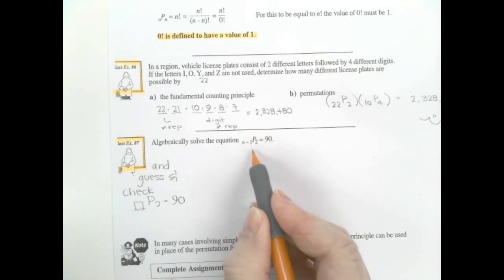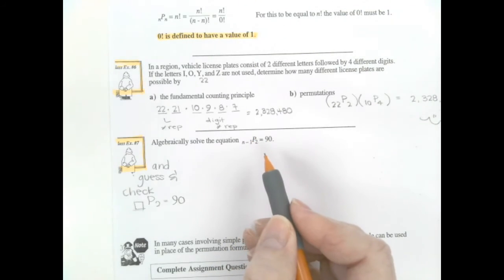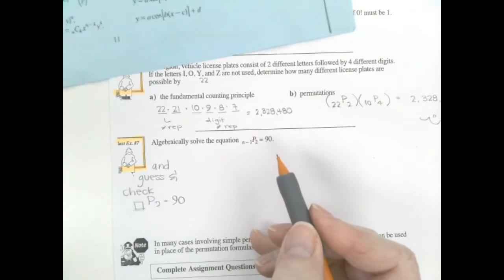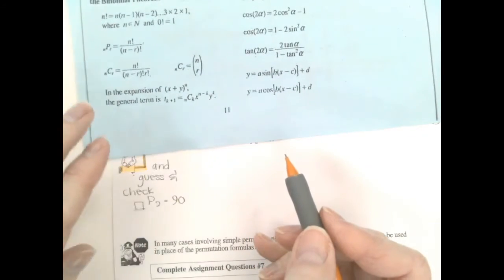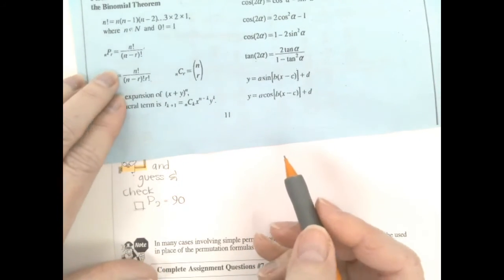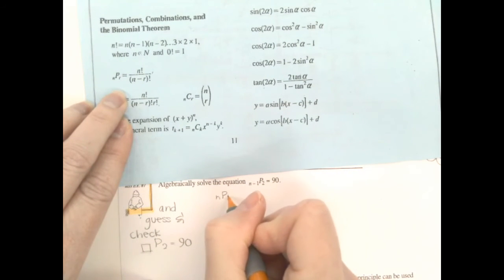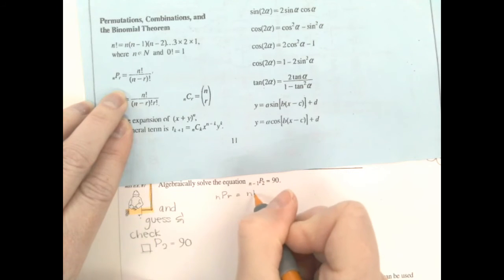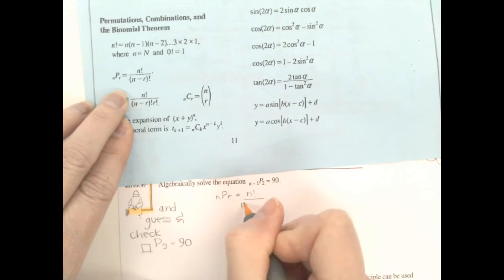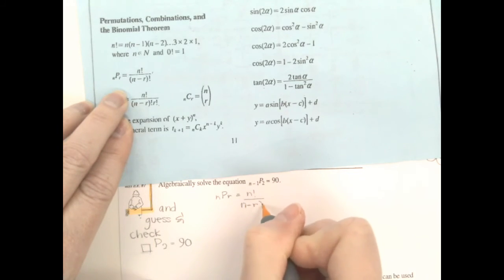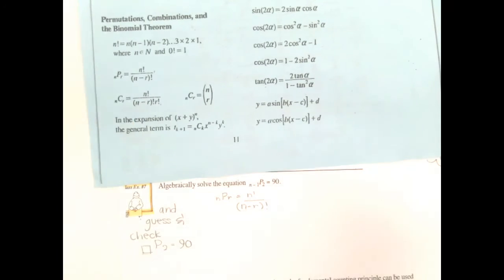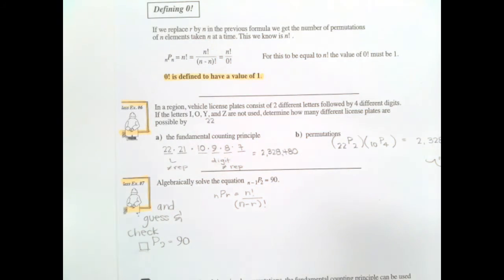So I'm going to end up putting this into my formula. So I look on my formula sheet, and I copy down n permute r is n factorial over n minus r in brackets factorial. Okay, let's substitute.